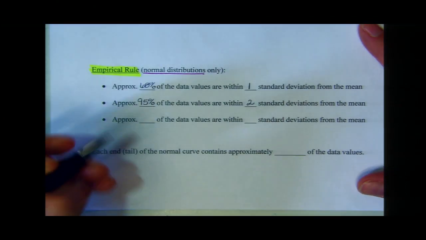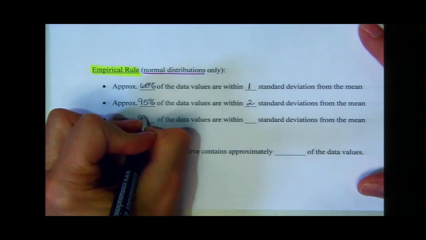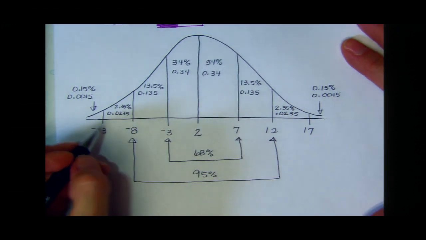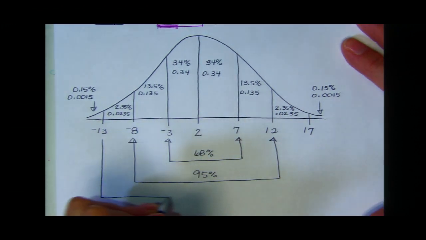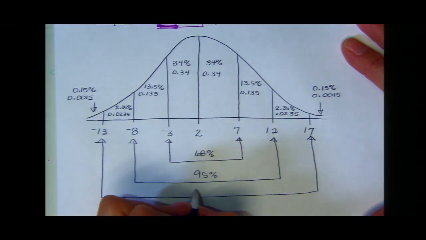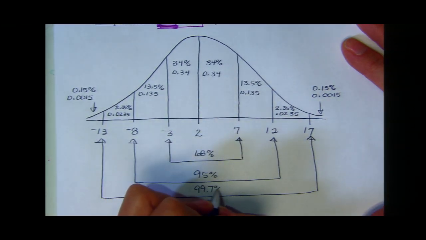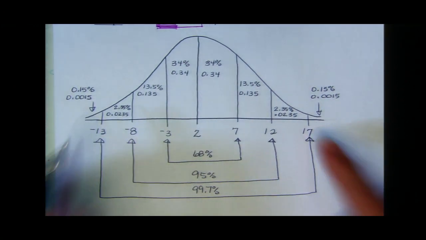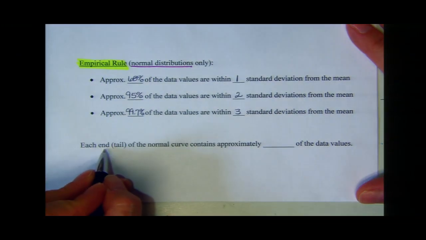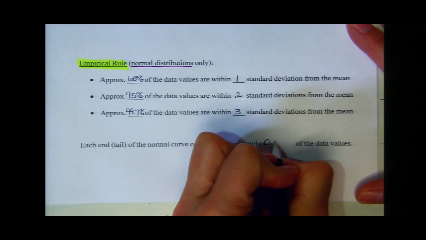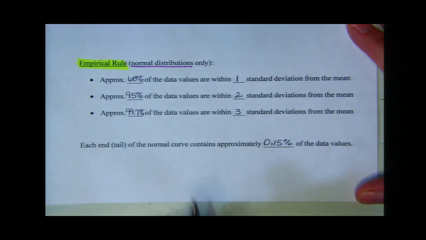And then lastly, approximately 99.7% of the data falls within 3 standard deviations. And then, of course, that leaves our tails. So each tail or each end of the normal curve contains approximately 0.15% of the data values.